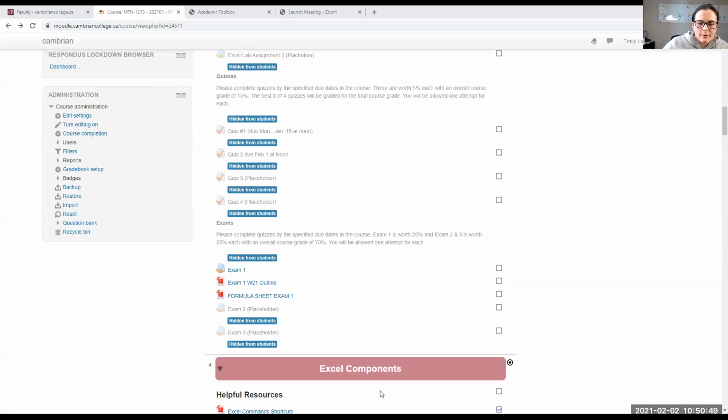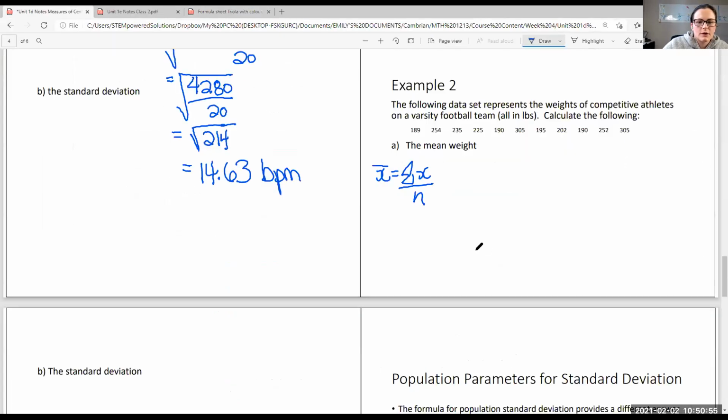Okay, so back to where we were. In order to calculate the mean of all these weights, we add up all the weights and then divide by the number of weights. I already know there are 11 because I counted them, but those of you who don't know should count them out: 1, 2, 3, 4, 5, 6, 7, 8, 9, 10, 11 weights.